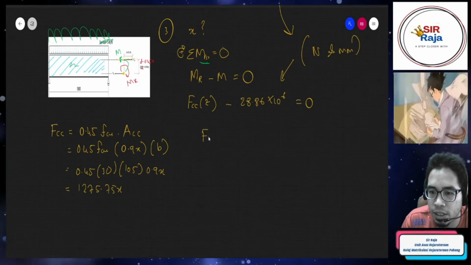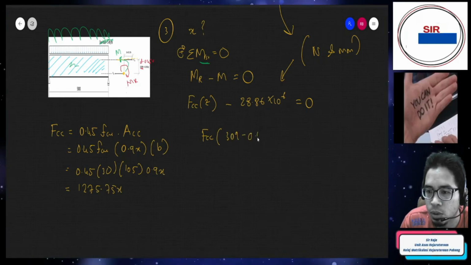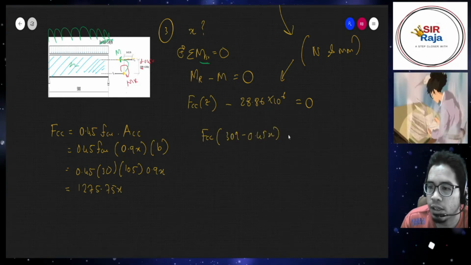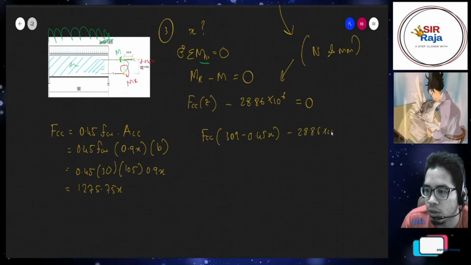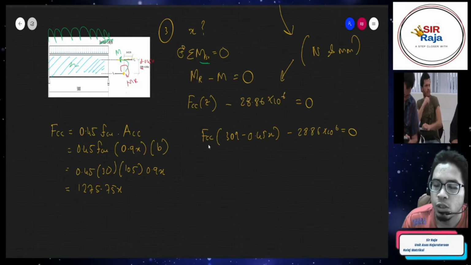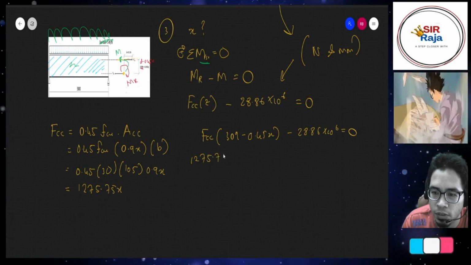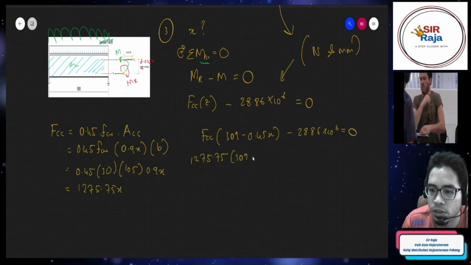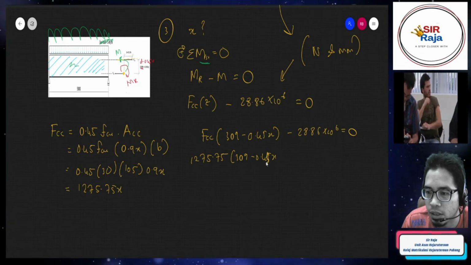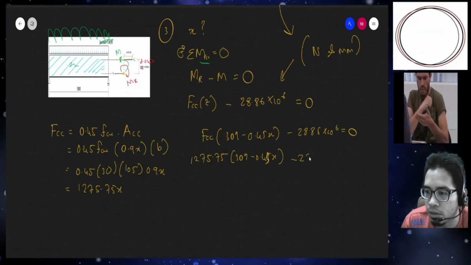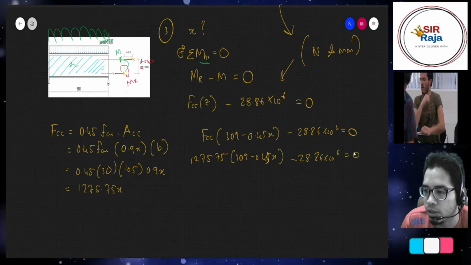So FCC, so goes back here. So FCC Z is 309 given to you, 0.5x, right? And minus 28.86 times 10 to the power of 6, and this is equal to 0. So the FCC here, just going to replace it to 127.75 times with 309 minus 0.5x, minus 28.86 times 10 to the power of 6 is equal to 0.